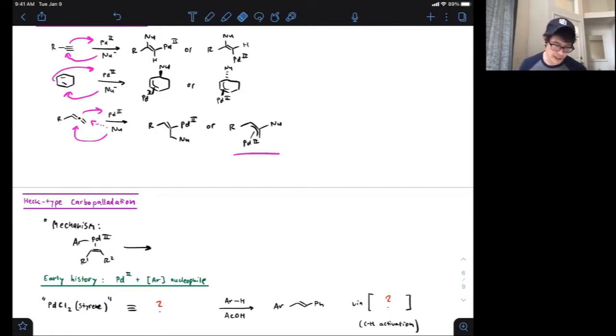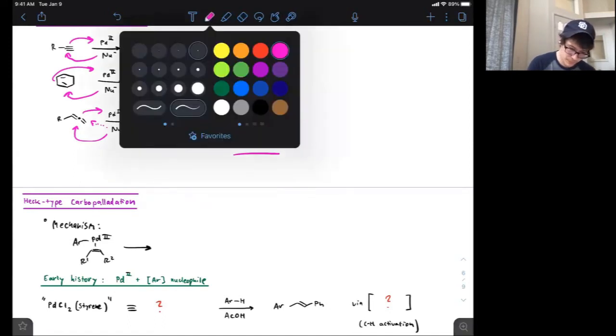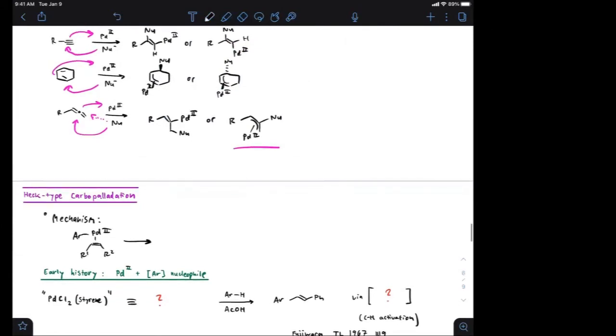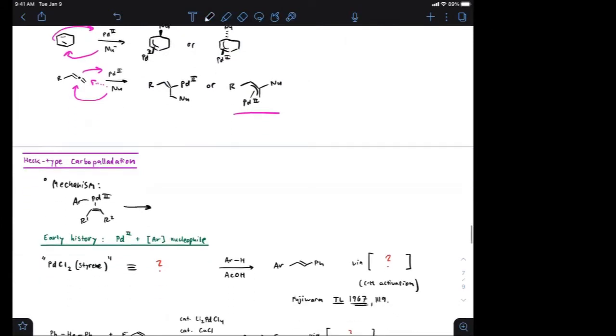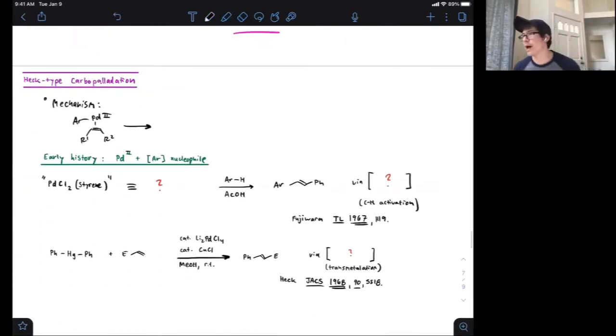So starting from this aryl palladium alkene intermediate, what is going to happen here? Sorry, what's your question? Just what's going to happen from this intermediate starred here?